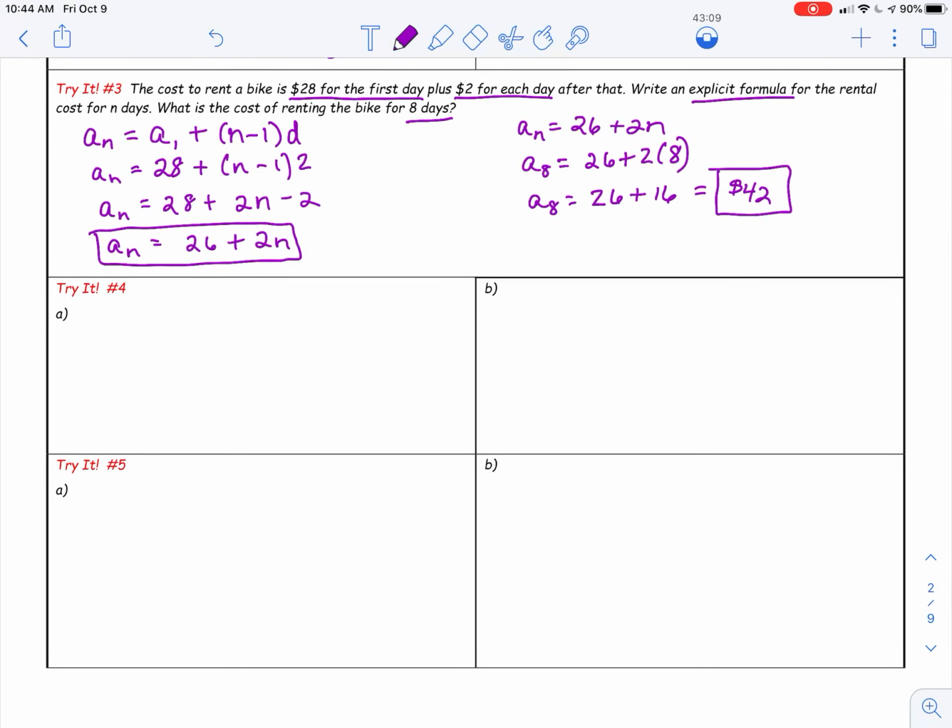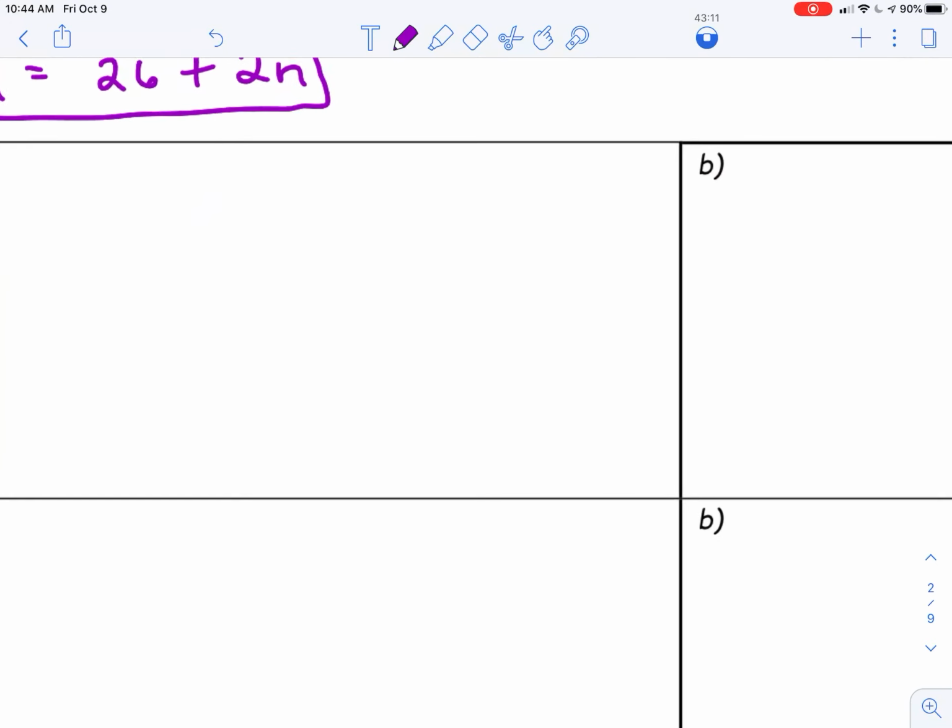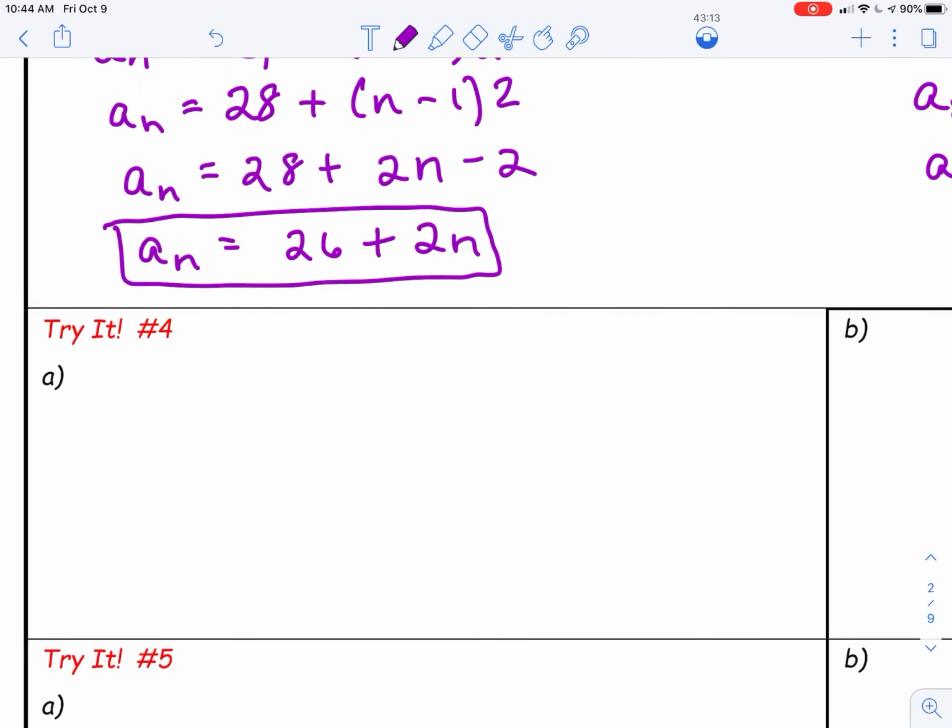All right, now let's practice the try it number 4. And I want you to write right here so we remember what we're doing. We're going to be writing from recursive to explicit. If you look in your books for try it 4, you can find it on page 114. It's in the middle of the page.